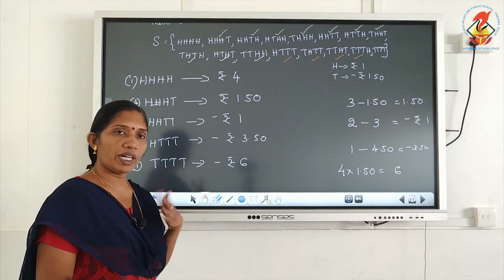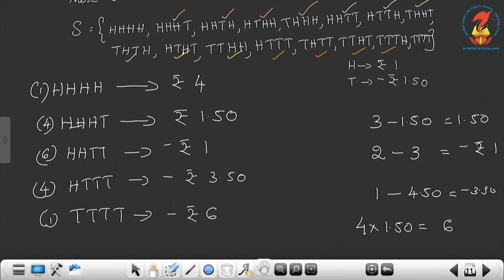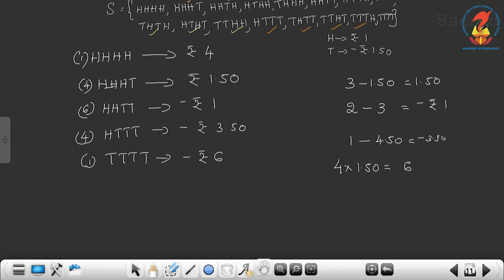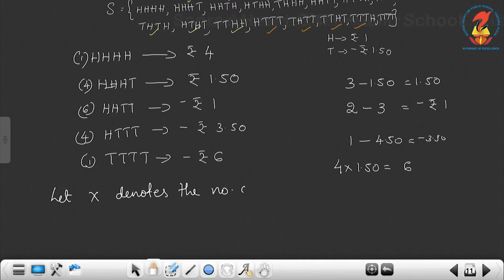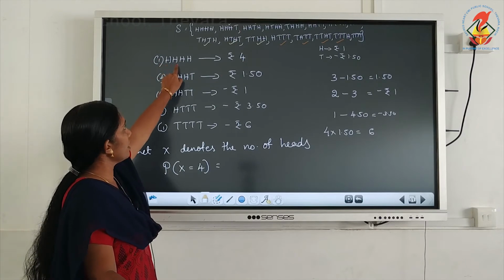Now we have to find the corresponding probability. So here I am writing, let X denote the number of heads. Okay. So probability of X equal to 4, that means number of heads 4. That is the first case.